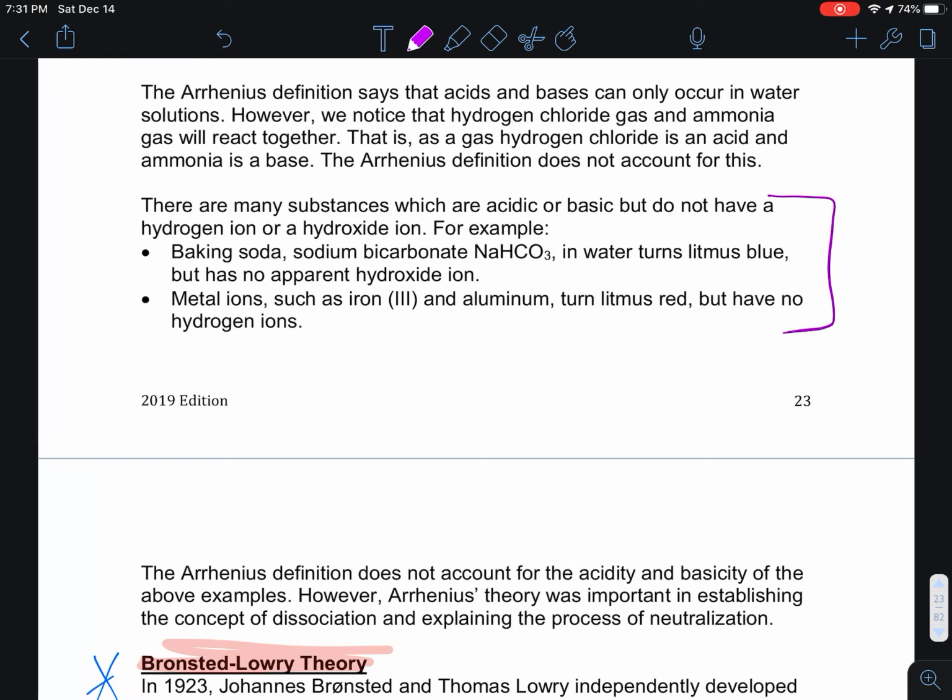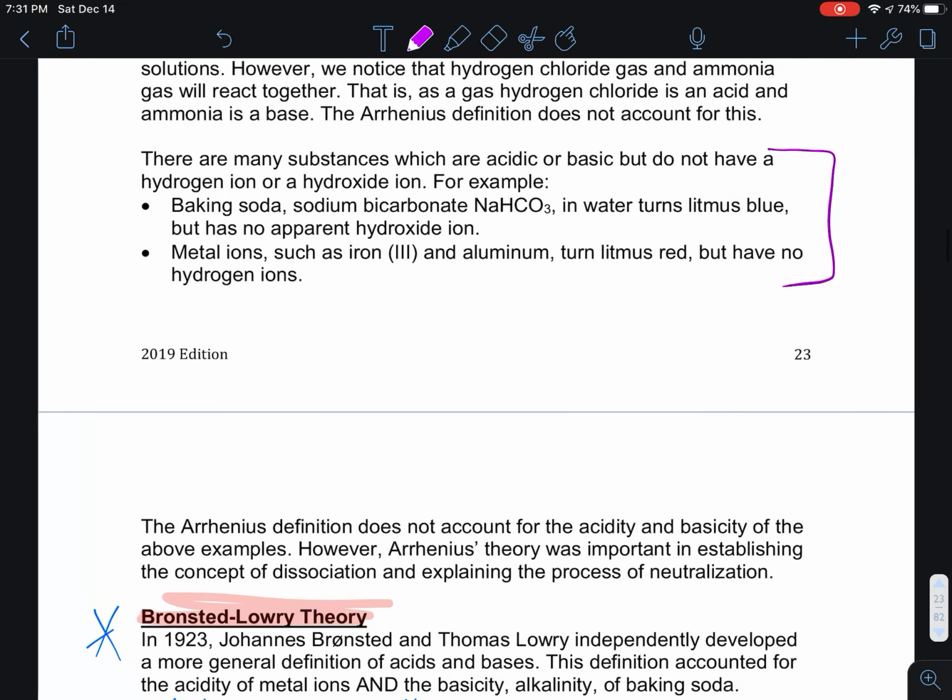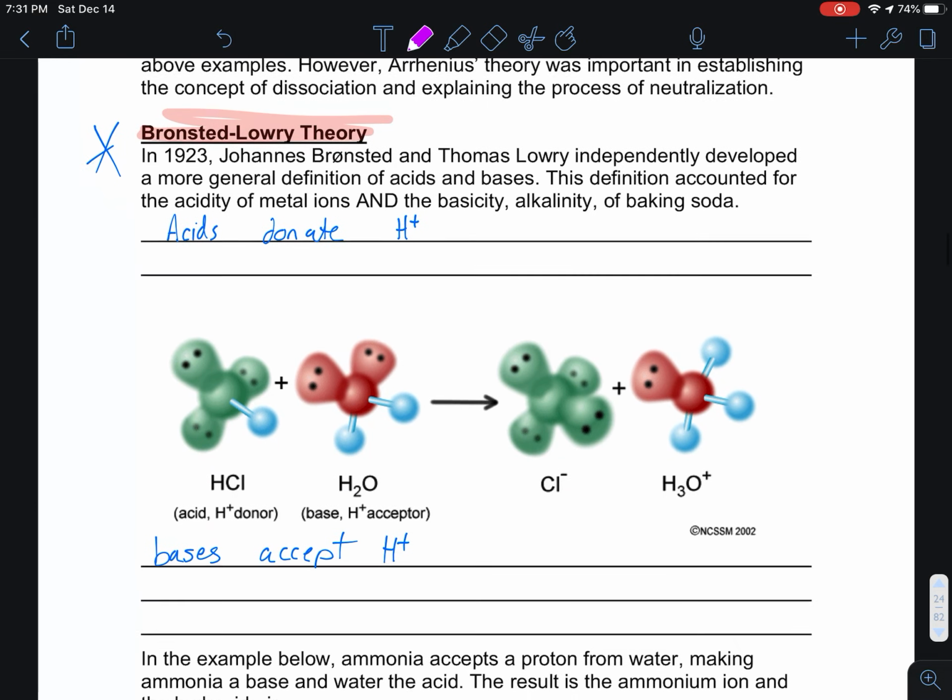What's going on there? Metal ions like iron 3 and aluminum, they tend to turn litmus paper red, suggesting that they are acids, but there's no hydrogen ions in an iron. This is just an iron ion floating around. This is just an aluminum ion floating around.